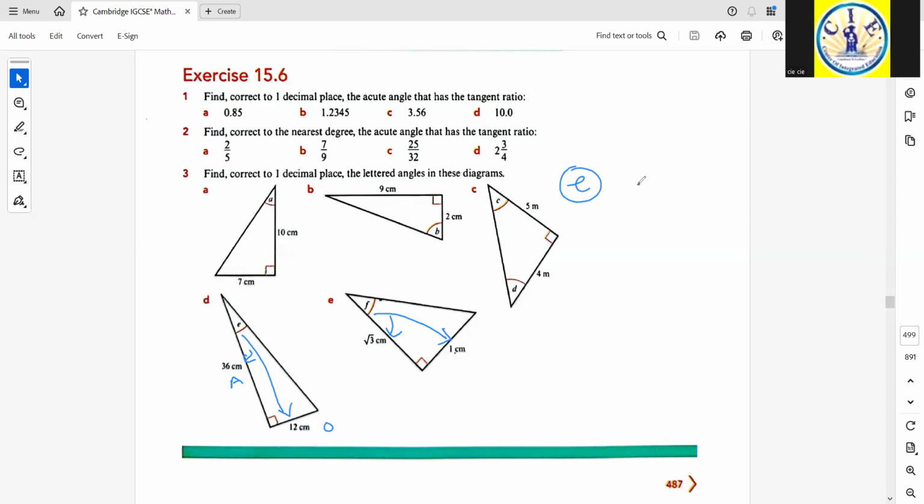That is going to be angle F is equal to tangent inverse of 1 divided by square root 3. Using calculator, we get 30 degrees. And now since we need to give the answer to one decimal place, it should be written as 30.0 degrees. So that is question number 3.